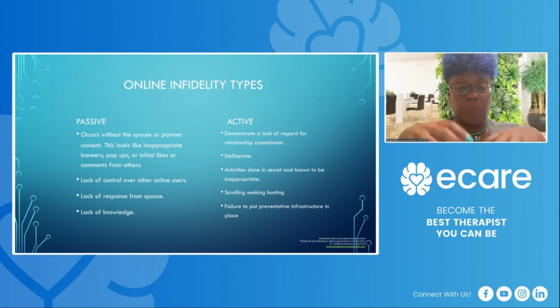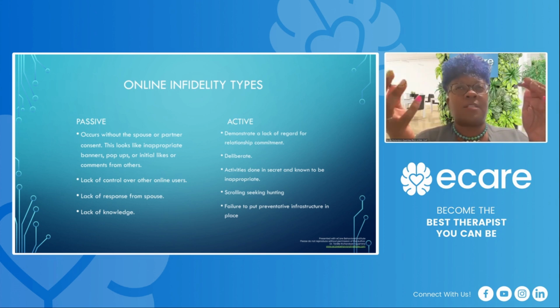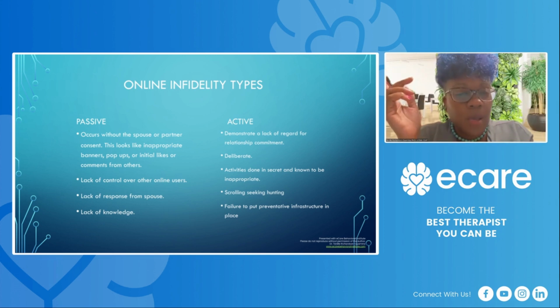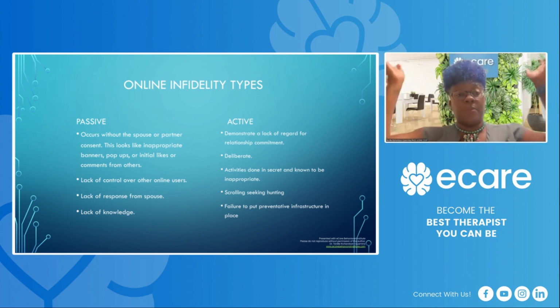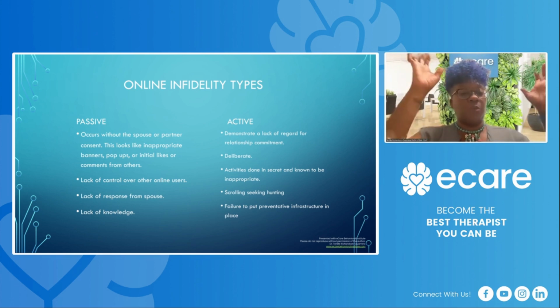This looks like inappropriate banners, those advertisements that kind of pop up without you seeking something. Let's say you were looking for a pair of shoes. You're looking for a pair of shoes on a particular website, and now all of a sudden, whenever you come online, you're seeing these pop-ups of this particular shoe coming up, and they're trying to get you to buy it.